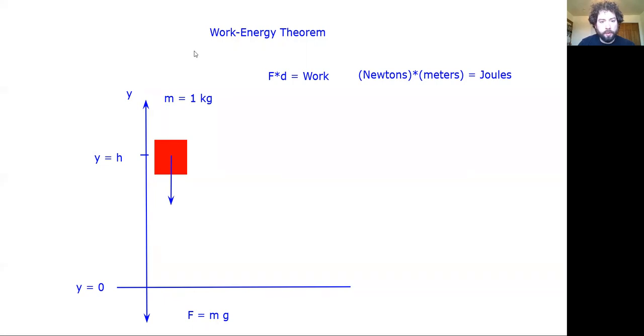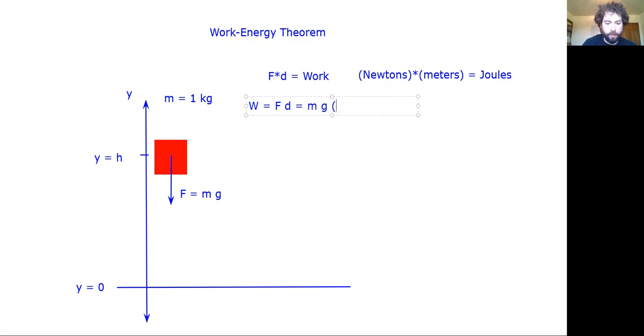Okay, so we saw that this force was along the whole time that we rose up to that height. So that means that the work is the force times the distance. So W is going to equal this force times the distance, where here it is m times g, and the distance is going to be h minus 0.